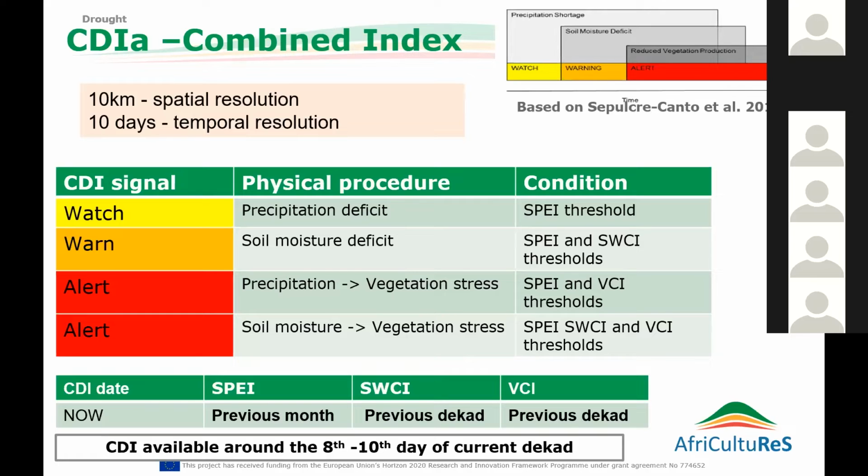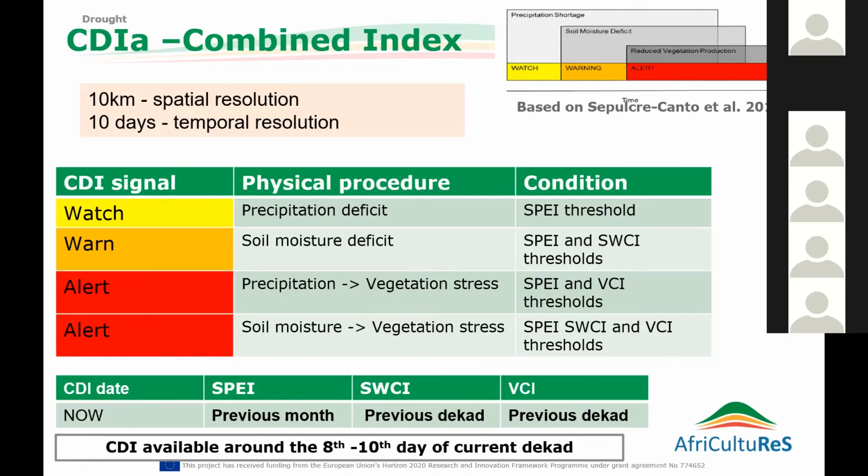The yellow means that there is precipitation deficit. The orange means that there is soil moisture deficit, so that a drought has progressed. And the most severe one is the alert, the red one, which means the drought has also started to affect vegetation condition. The CDI is a product with a 10 kilometer spatial resolution, and it is issued on 10 day intervals. Usually it is made available at the end of each decade.